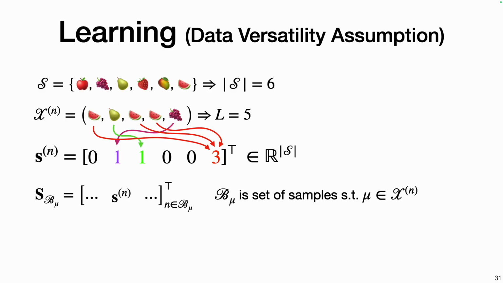Its rows are count vectors such that we only pick the count vectors for which the count corresponding to the specific element is non-zero. For example, in the data matrix for watermelon, we have the rows from those count vectors whose last entry is non-zero.